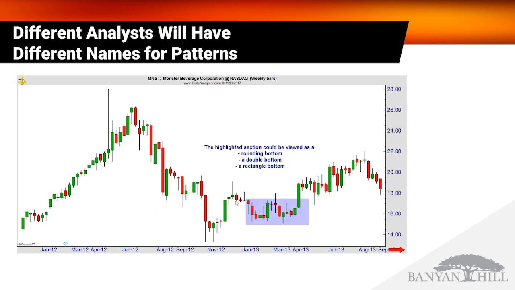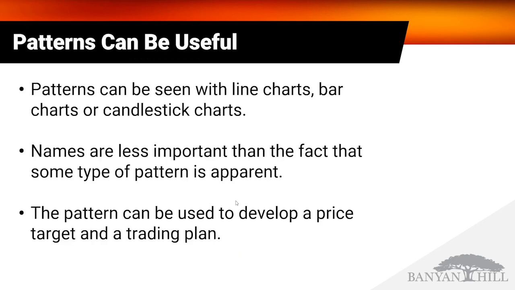Different analysts can call patterns different names. You could call the highlighted area a rounding bottom, a double bottom, a rectangle bottom. Again, it doesn't matter. You have that sense of symmetry. You have the price target, and that's what's important about pattern analysis. Patterns can be useful for trading. You can see them on any style chart you use, and we reviewed chart styles in the first part of this video series.